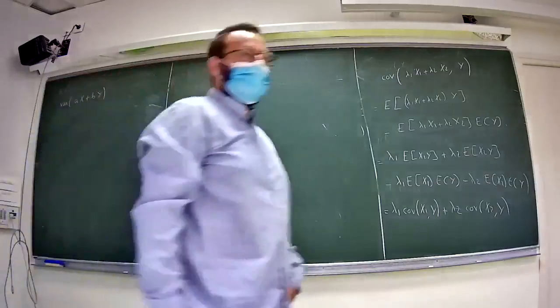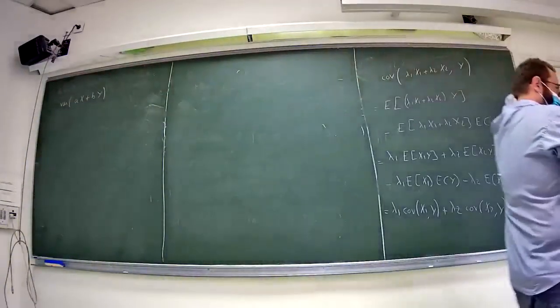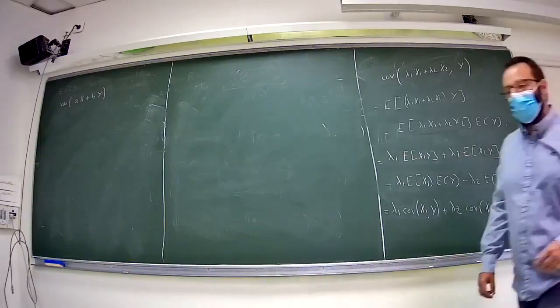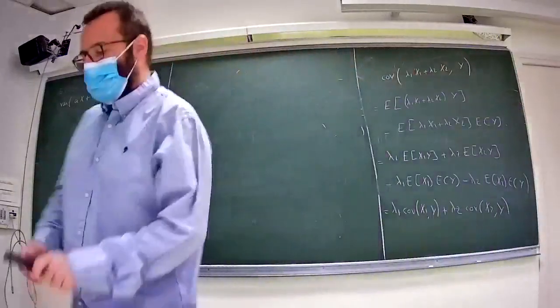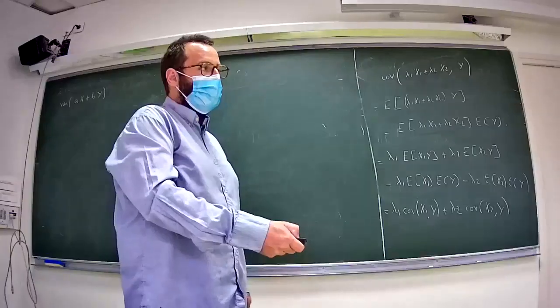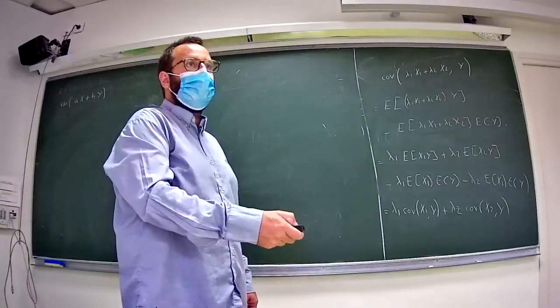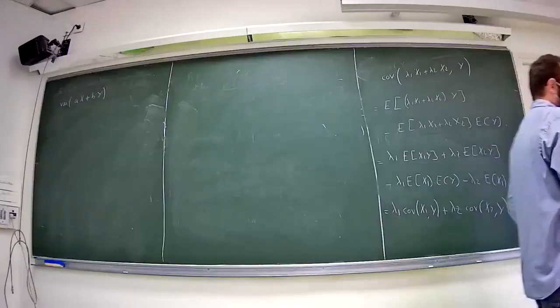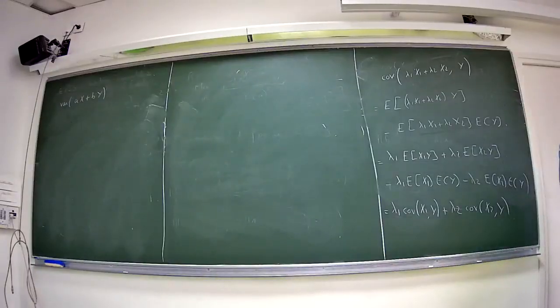This one to compute, and in fact it should be possible to plug ax plus by in the definition and to see what happens, but it's not the way we are going to do it, because I see that I have covariance that will appear here.